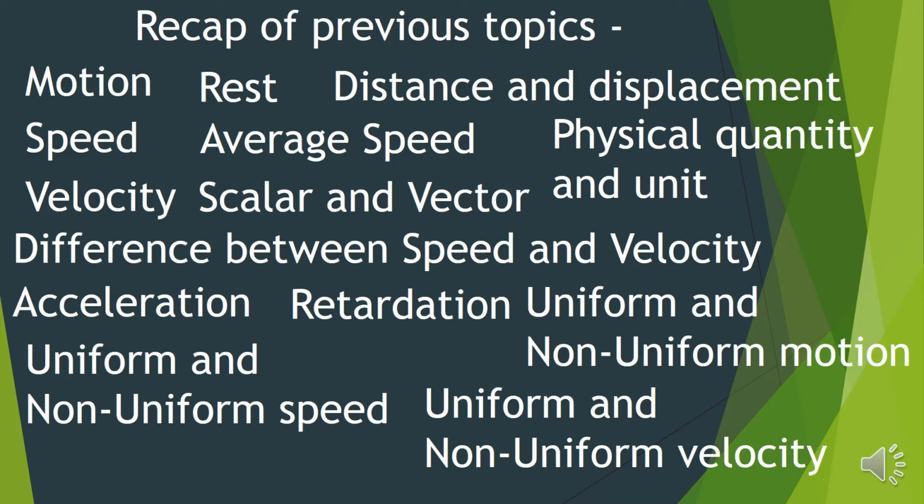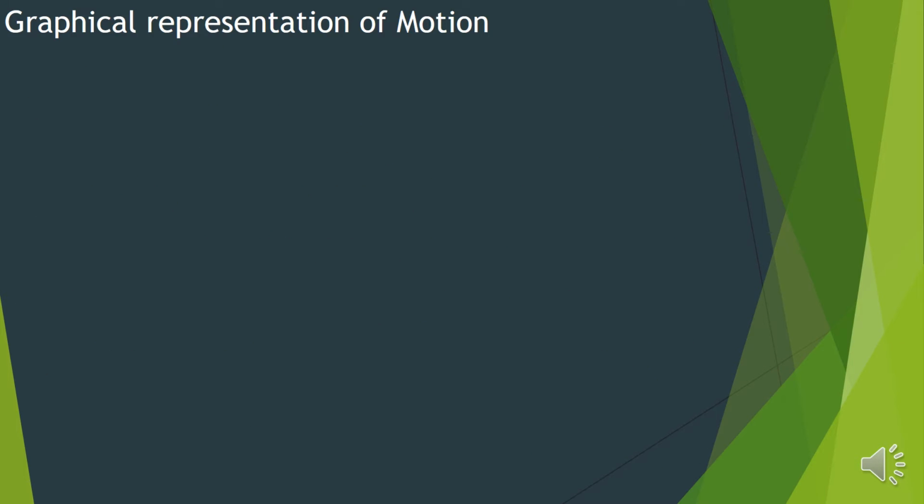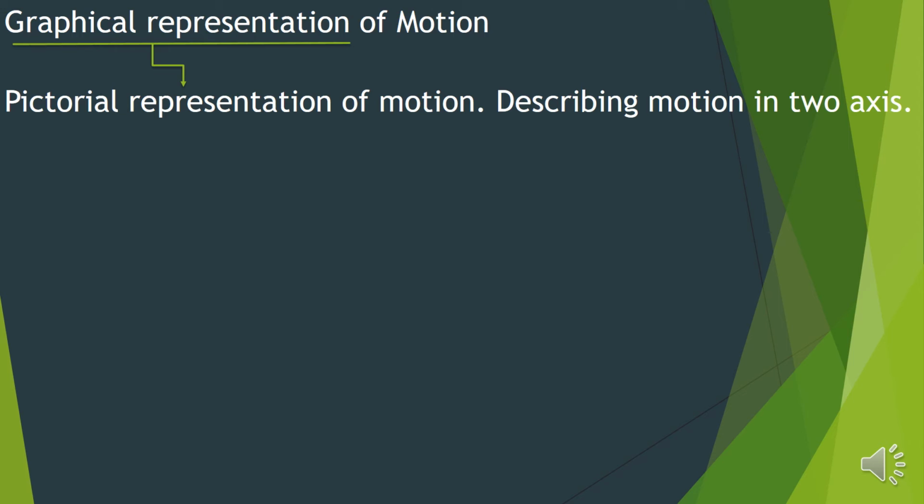So let us proceed and learn a new topic, that is graphical representation of motion. Now when we talk about graphical representation, what does it mean? It means to define anything pictorially. Picture representation or pictorial representation of motion.